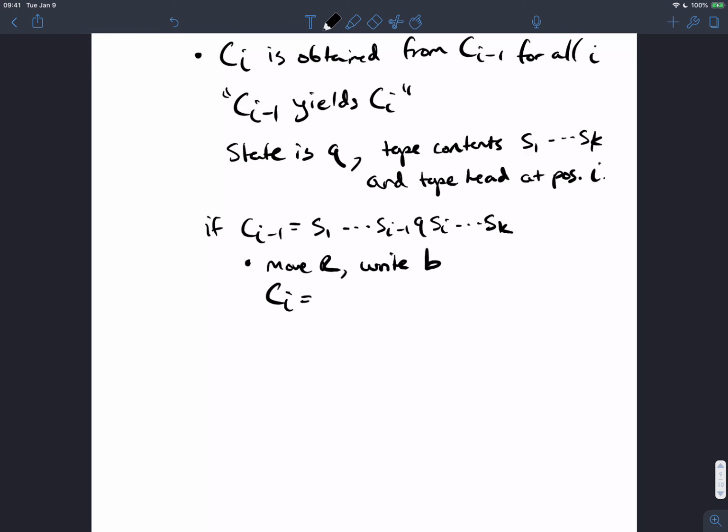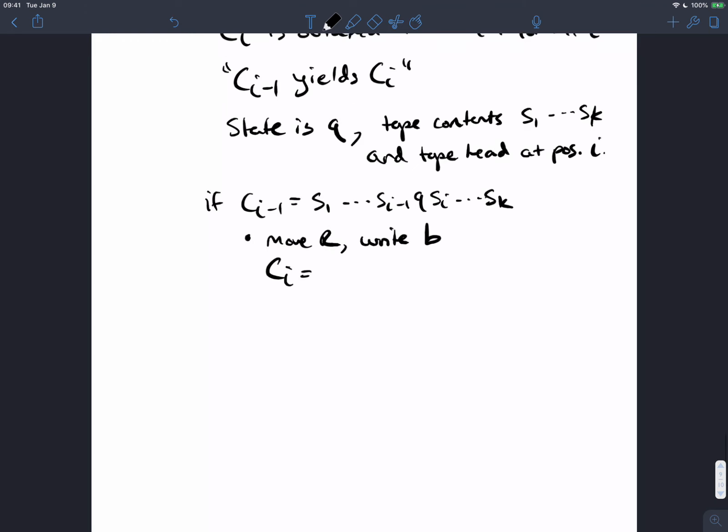Will that SI still be there if we just wrote a B? No. So the SI is going away and becoming a B. What character am I looking at now if we moved right? We look at SI plus 1. Good.